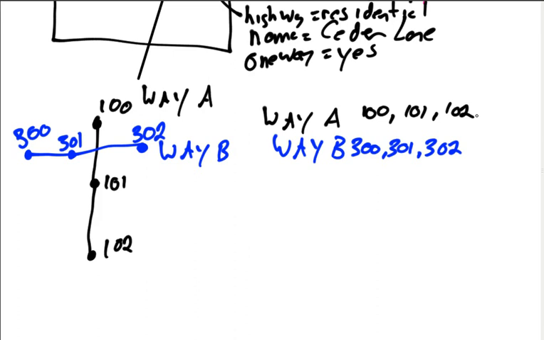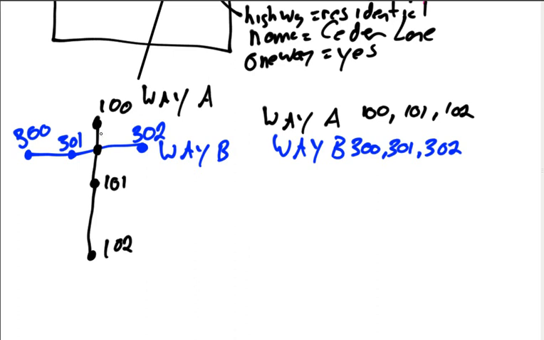We talked about how nodes have unique identifiers. The thing to know here is that the node identifiers aren't tied to the ways in any way. So to connect these two ways, what we need to do is make a new node that's shared between them. So let's do that. Now you just have to know that this node is in both ways, and we'll actually draw that. The numbers aren't important, and that's going to be important to know later, that the ID numbers have nothing to do with reality.